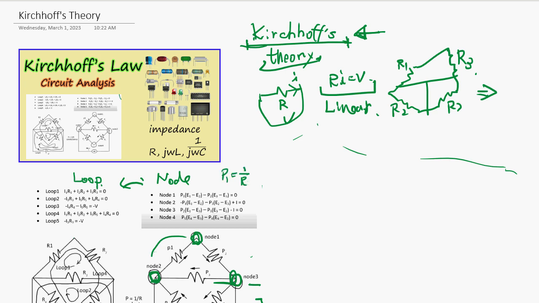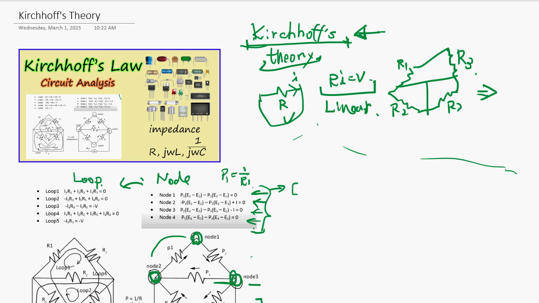Okay, you multiply that and you do the same thing. So for the node, you go around, then the voltages balance to 0. Okay, so you make a full set of equations for this, and solve this linear system.